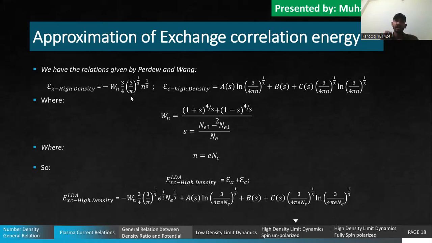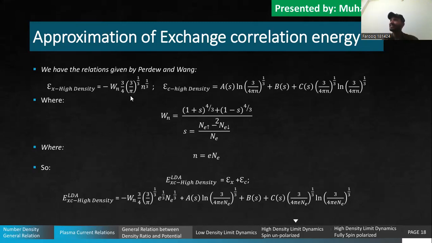Now think about it: suppose we have 20 electrons in a material and 10 electrons have -1/2 spin and the other 10 have +1/2 spin. What will happen? The net spin will be 0.